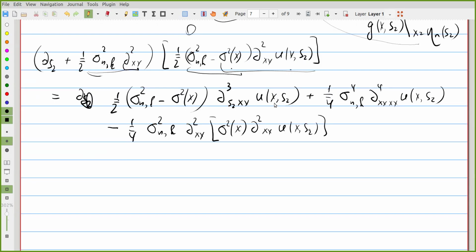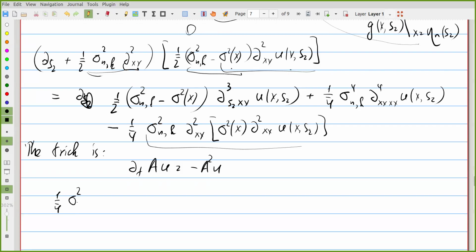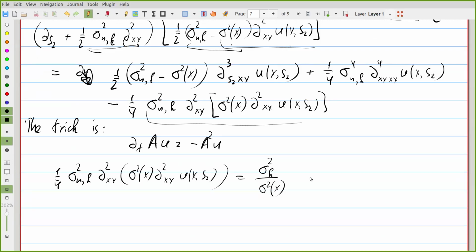Now, the trick is ∂_t u is actually minus A u. So if you look at this part, 1/4 σ² η_nk ∂²_xx σ² x ∂²_xx u_x(s2), formally, I don't care about dividing by σ² x, it's not going to matter.